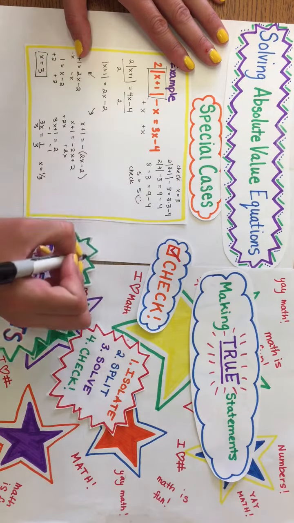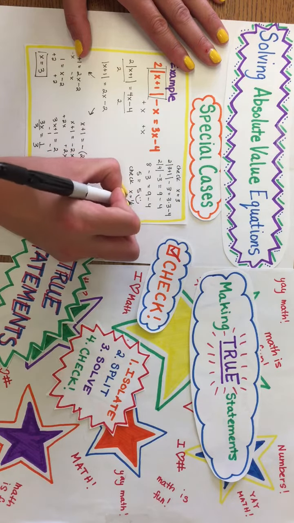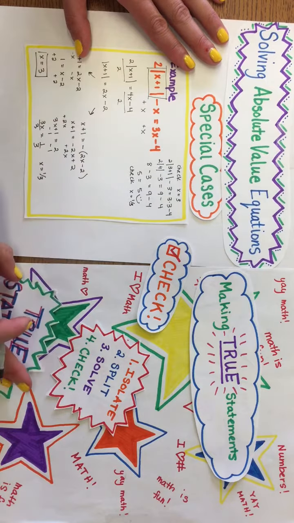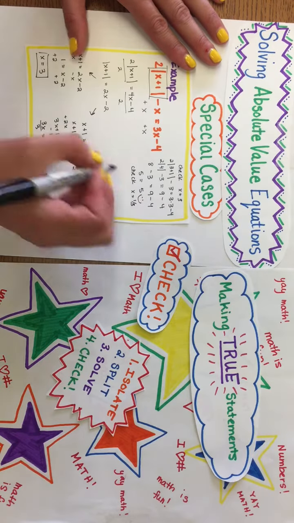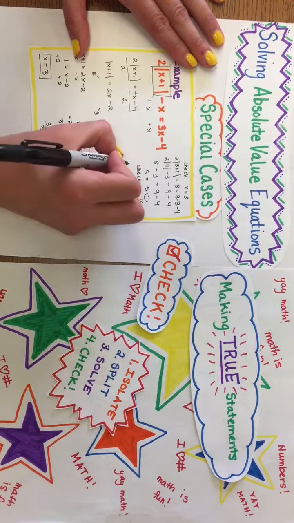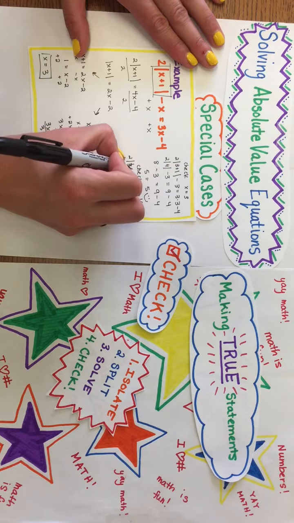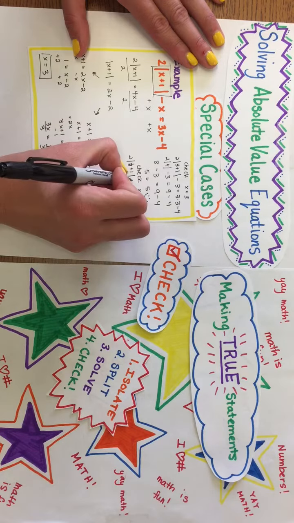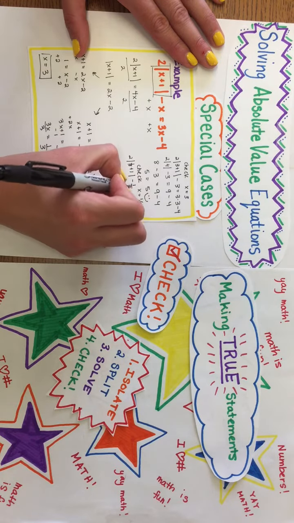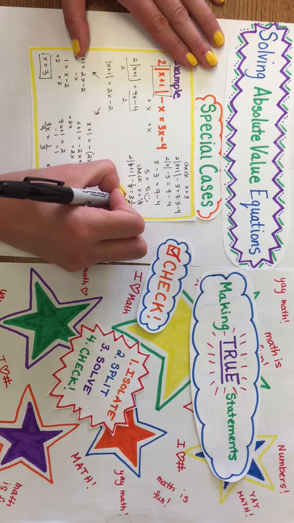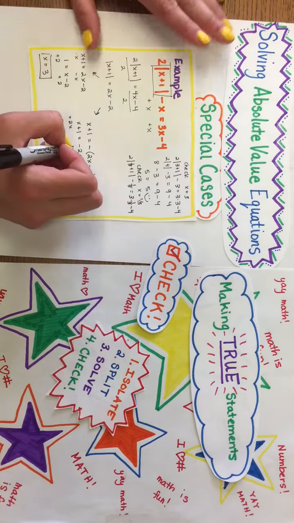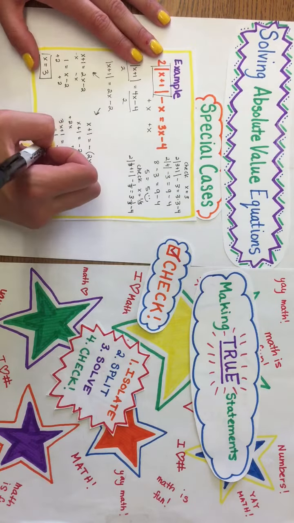Now I'm going to go ahead and check x equals 1/3. So when I'm checking x equals 1/3, I get 2 times the absolute value of 1/3 plus 1, minus 1/3, is equal to 3 times 1/3 minus 4. I'm going to go through this pretty quickly.